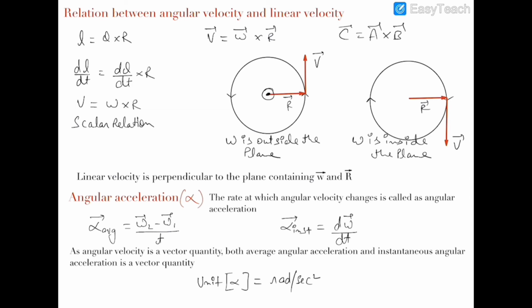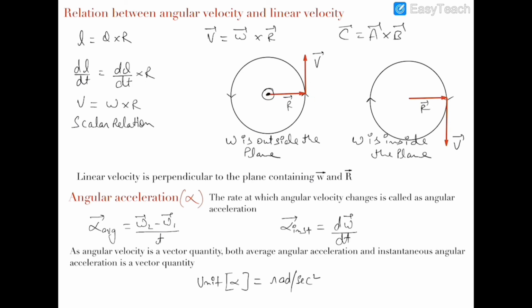So if you start your fingers with the direction of omega, that is out of the plane, and take it towards the direction of r, then you will see that your thumb will be pointing towards the velocity, this one. So this is omega, which is coming out of the plane. Then your finger should be starting in the direction of omega, then moving towards r, then your thumb will be pointing towards v.